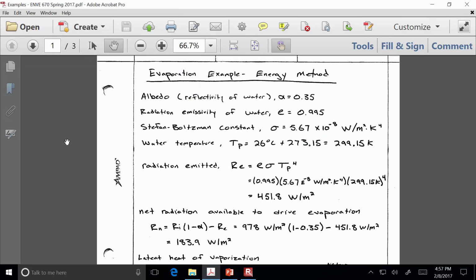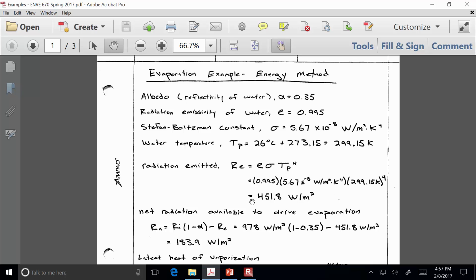All right, so the first thing that we can do: this R sub E is just estimating how much radiation the water is emitting at a certain temperature. It could be measured directly with a sensor, but there's a pretty good relationship between the temperature of the water and how much radiation it's emitting.